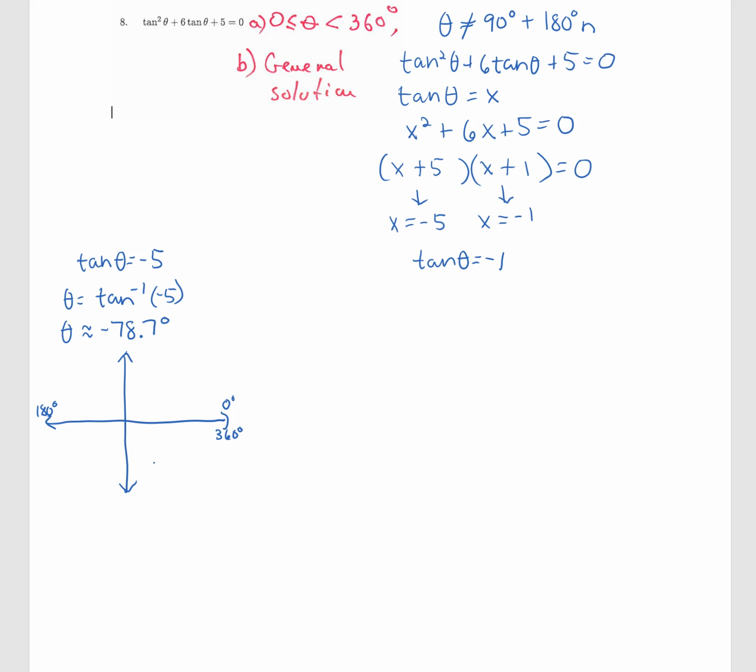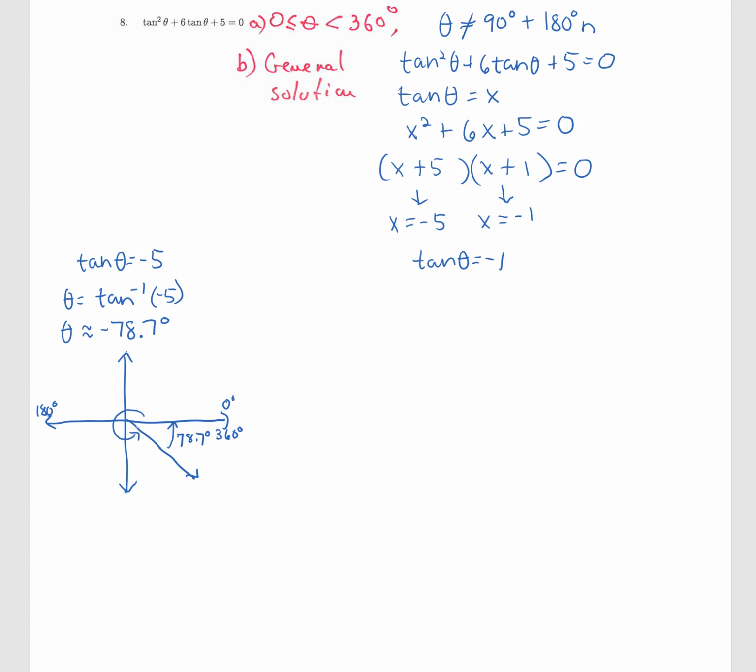And what we figured out here is the reference angle, which is 78.7 degrees, this angle here. But what we're really interested in is the angle around this way.